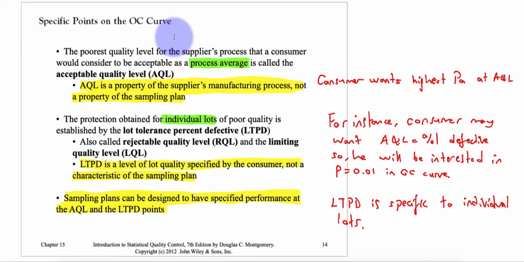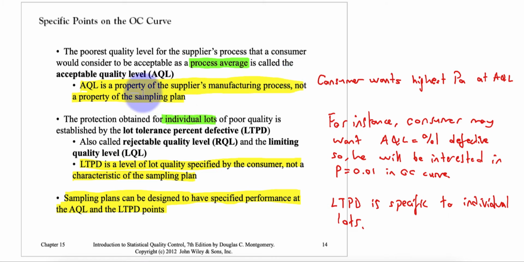So if we think about whole products coming from the supplier, actually we are talking about the process of the supplier, right? And the consumer can consider an acceptable point on the process average of the supplier, and this level will be called acceptable quality level. But here it's important: acceptable quality level is a property of the supplier's manufacturing process, not a property of the sampling plan.